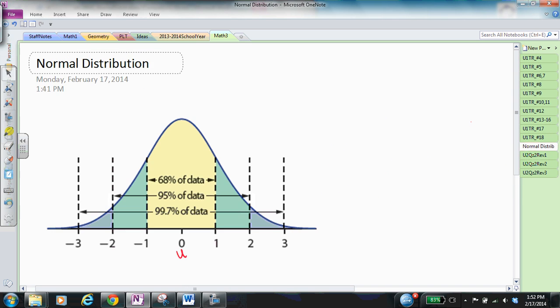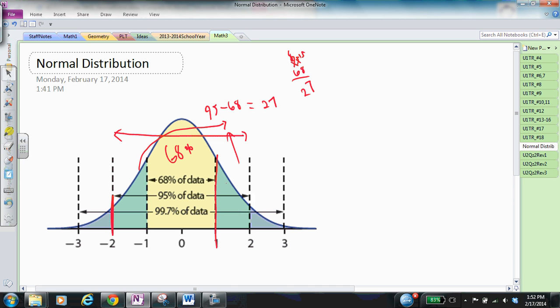We need to reference back to our guiding light to see what percentage of the data that is. 1 standard deviation above and 2 below. So we know that this is 68% right here. We know that this whole range here is 95, which means the green pieces have to be 95 minus 68, which is, my mind's blanking, 27.